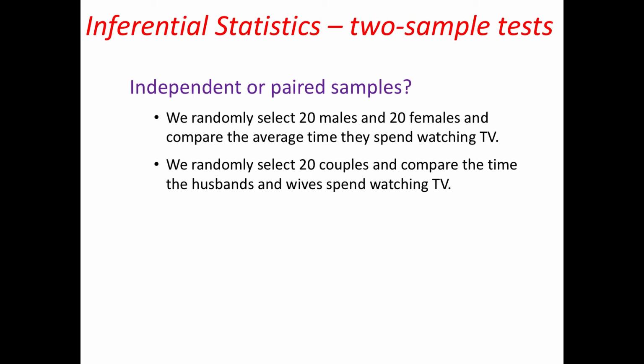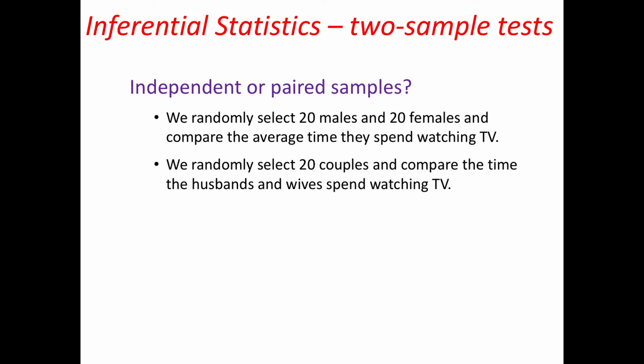In the first example, we randomly select 20 males and 20 females and compare the average time they spend watching TV. Is this independent or paired? The answer is independent. You have 20 males and 20 females, and you're just comparing across all of them the average time they spend watching TV.